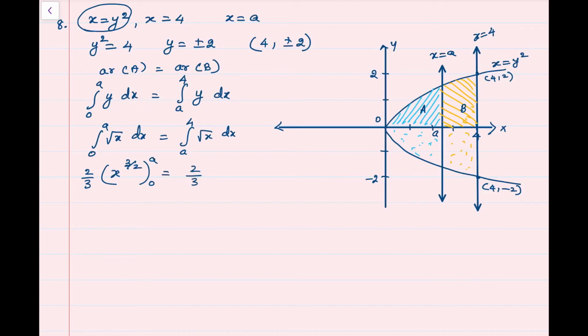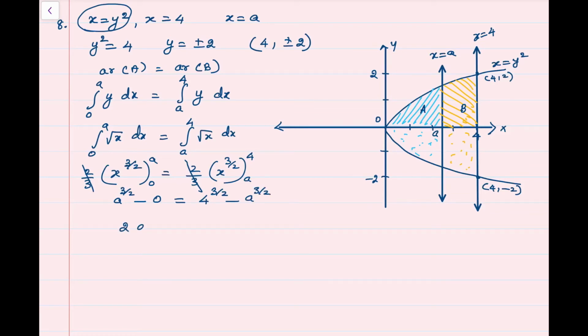Same integral here also, and the limits are a to 4. We can cancel these two. Let us substitute the upper limit and then the lower limit. Here 4 raised to 3 by 2 minus a raised to 3 by 2.